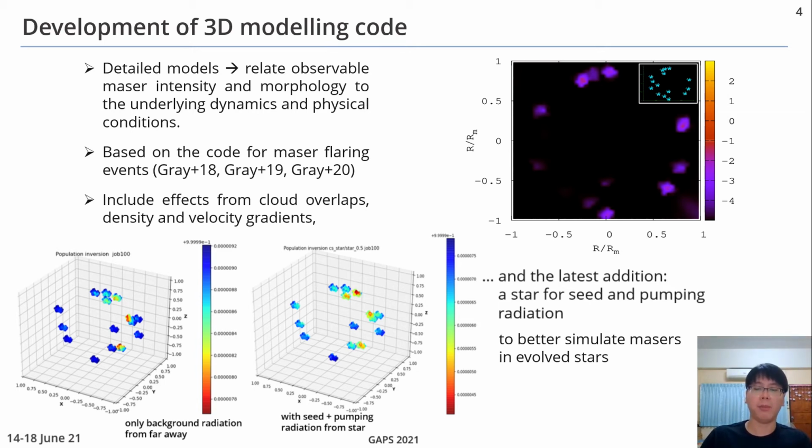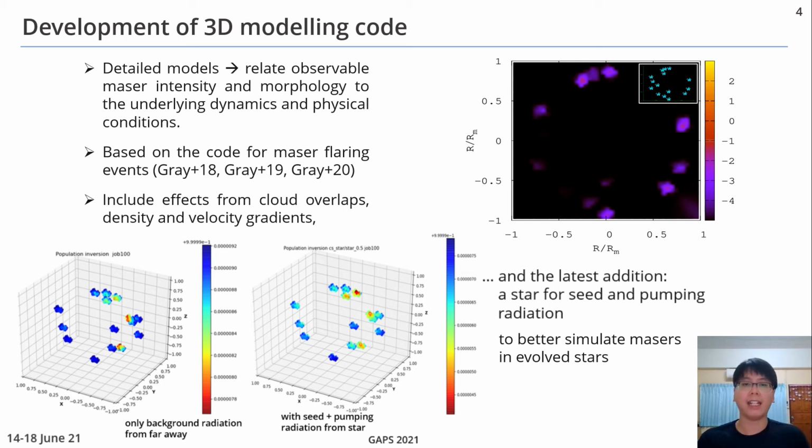So we have a simulated VLBI image based on the computational domain as mentioned. From this picture, we can see the effects of cloud overlaps, density and velocity gradients, and saturation of population inversion on the brightness of masers.